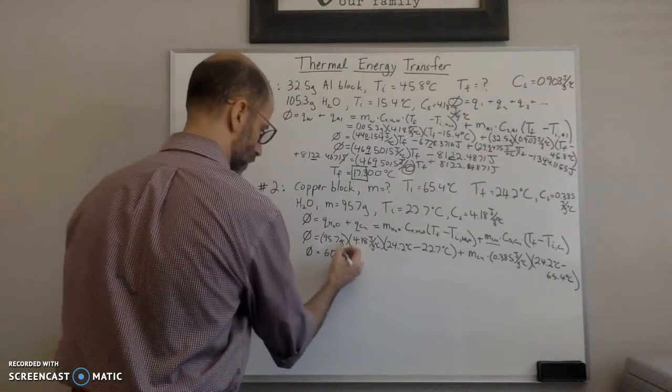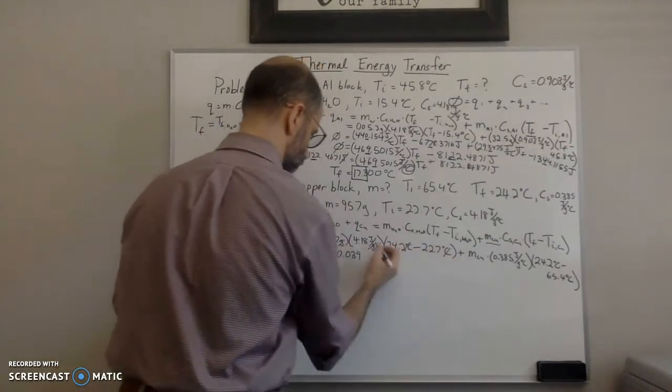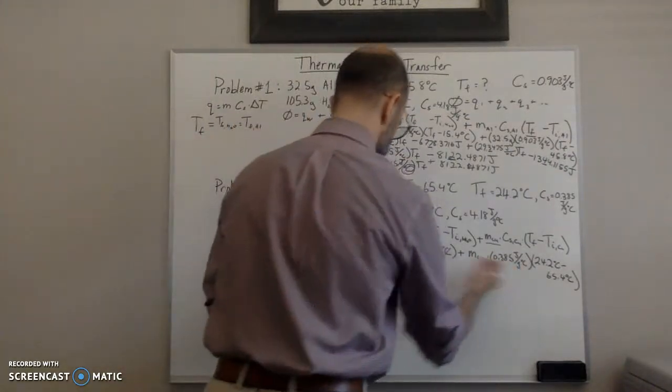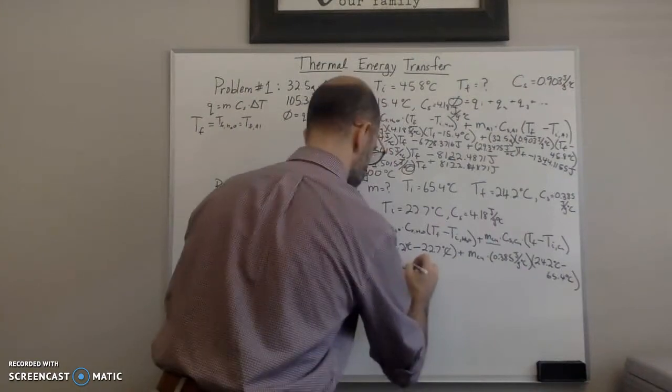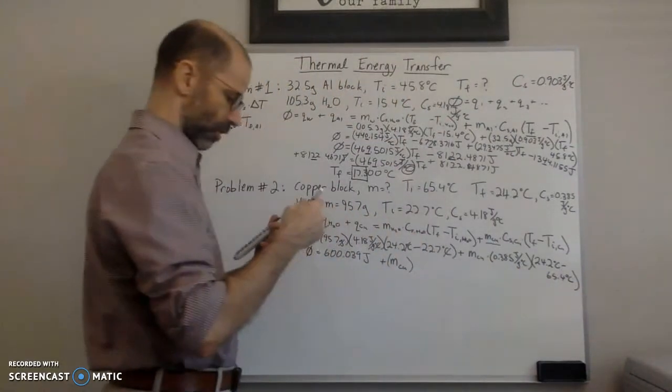And again, grams cancel out, Celsius cancels out, so I'm left with joules. So this is joules. And then I do this one, so it's going to be mass of the copper times whatever this comes out to.